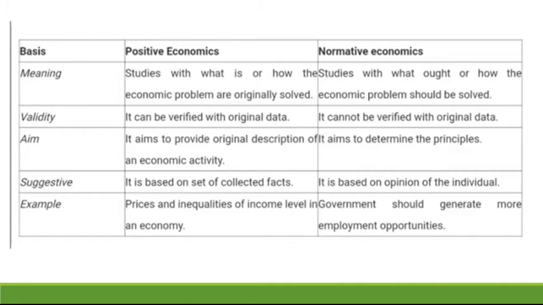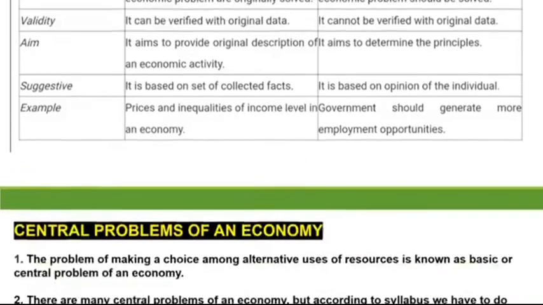Third is on the basis of aim. Positive economics aims to provide an actual description of an economic activity, whereas normative economics aims to determine the principles. Next, suggestive. Positive economics is based on a set of collected facts, whereas normative economics is based on the opinion of the individual.